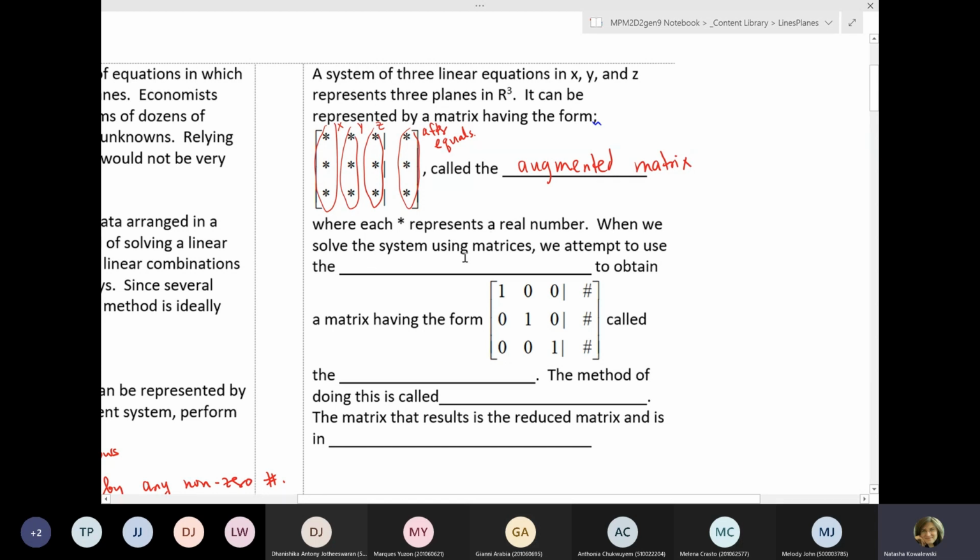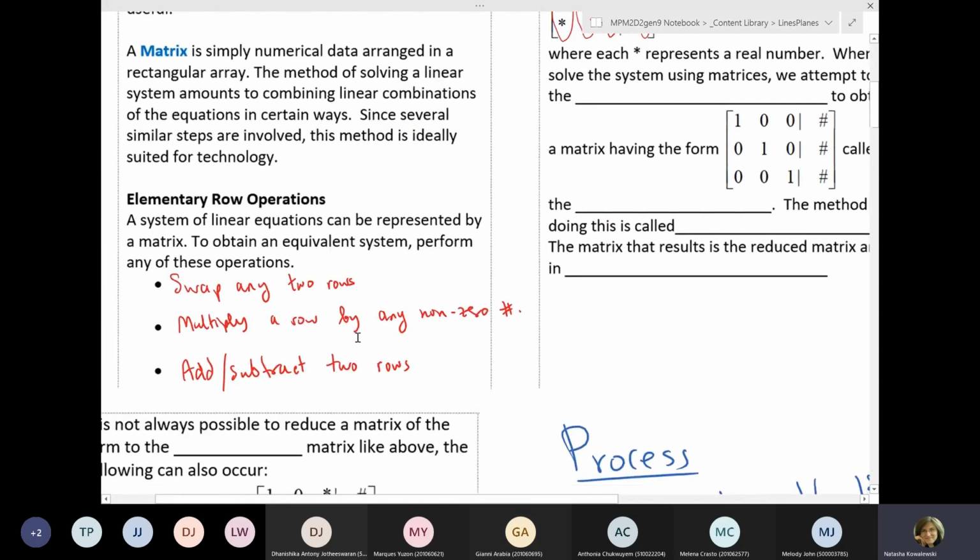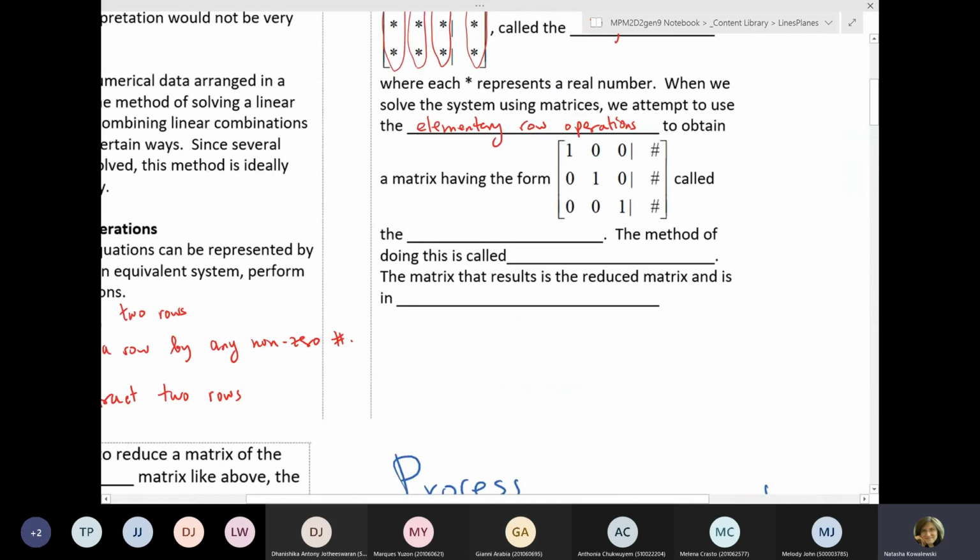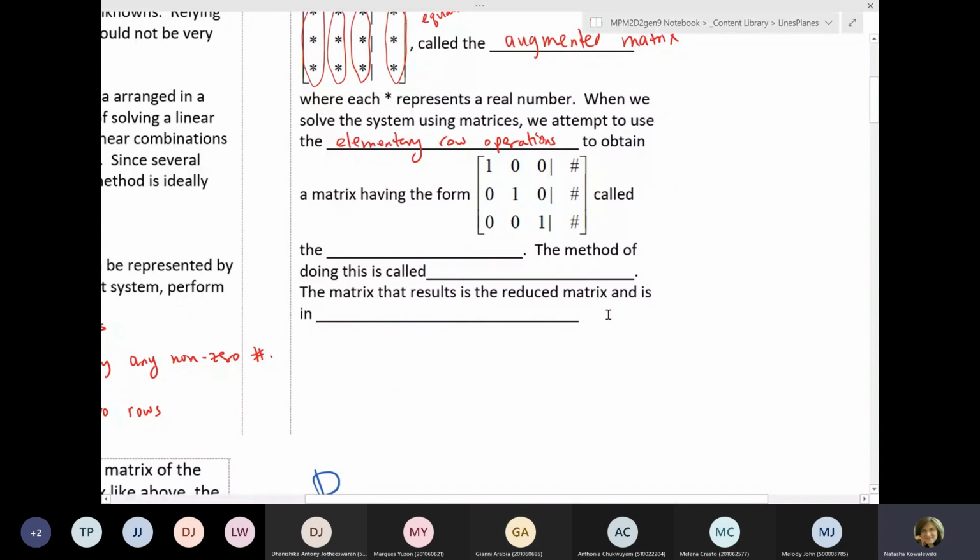When we solve a system using matrices, we attempt to use these three things that I wrote down, these elementary row operations, to obtain a matrix that has a particular format.